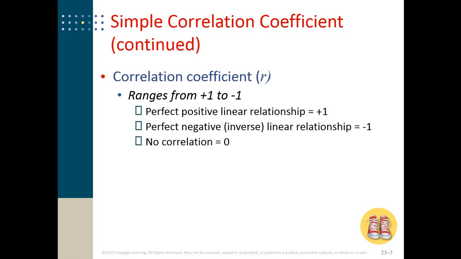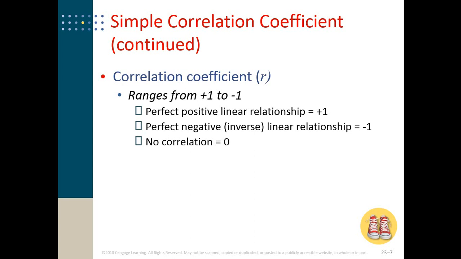So perfect positive correlation means if the x variable changes, y will change in the same direction to the same extent. If the correlation coefficient is -1, it means that there is a perfect negative correlation. So if the x variable increases or changes, y will change in the opposite direction to the same extent. That is perfect negative correlation.